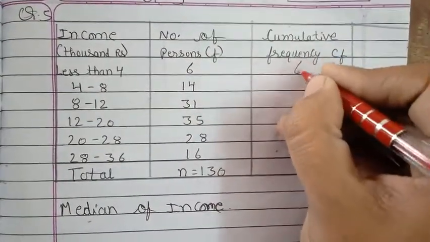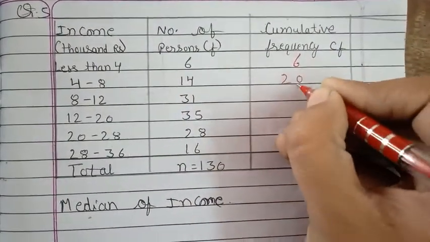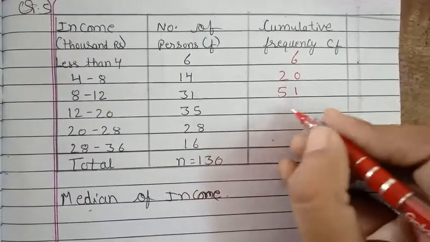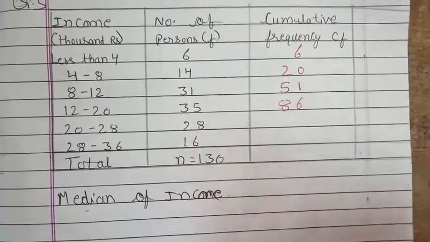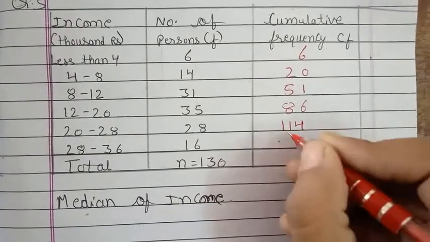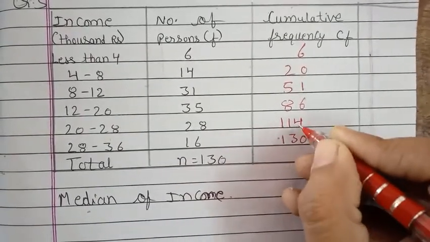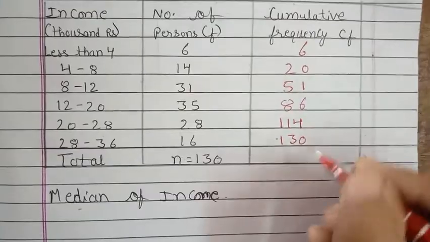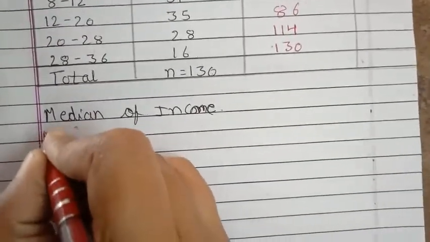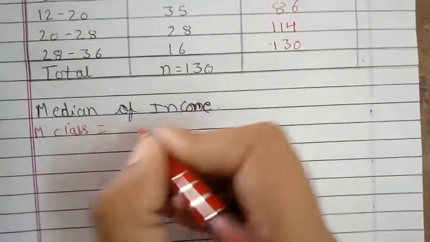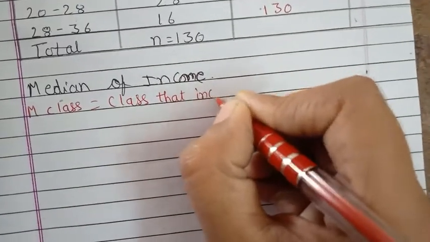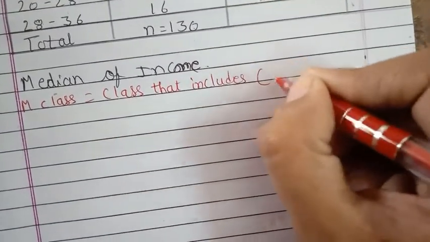First of all 6, 6 plus 14 is 20, 20 plus 31 is 51, 51 plus 35 is 86, 86 plus 28 is 114, 114 plus 16 is equal to 130. Now for the median of income, first of all we will find the M class. The median class is equal to the class that includes the N upon 2th observation.